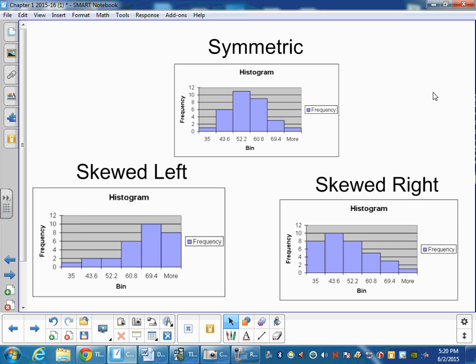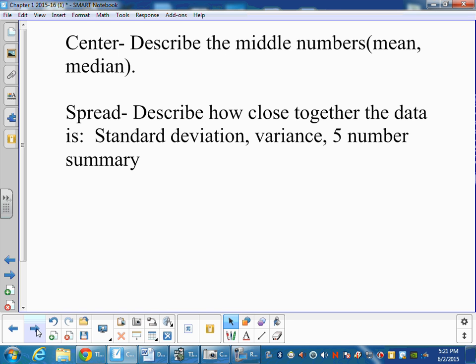When we talk about skewing, the left and right tell us where the tail is. So skewed left is like saying tailed left. Skewed right means it's tailed to the right. If you want to use the word tailed to help you remember that's where the little tail is, go ahead and do it. But these are what we'll mainly look for when we describe the shape.